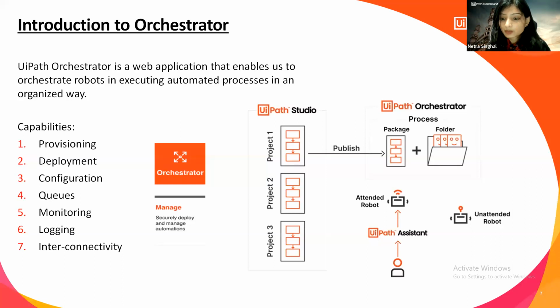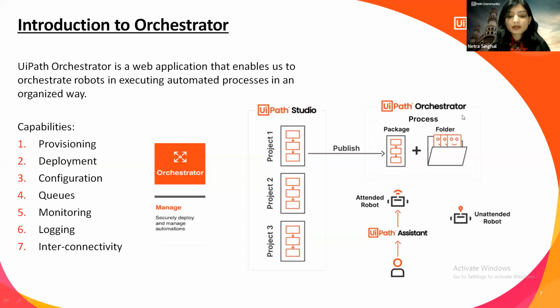Once there is a process in the orchestrator, you can run it via a UiPath robot, any attended or unattended robot, and I'll explain the difference between the two. So you can run it using robots. All of this interaction between the studio and the robots comes through orchestrator.